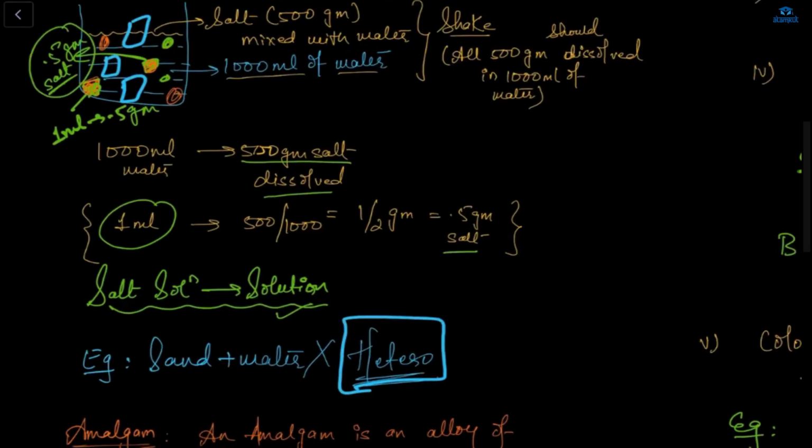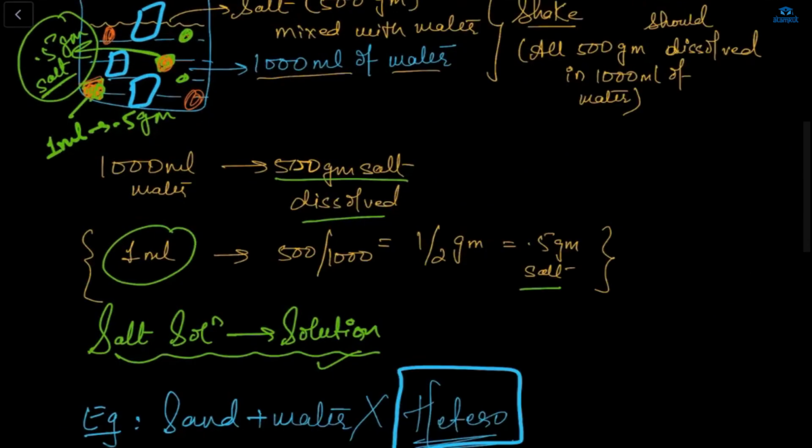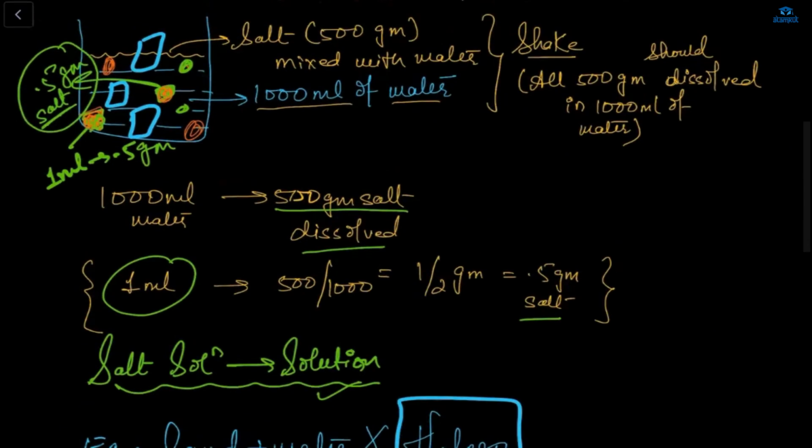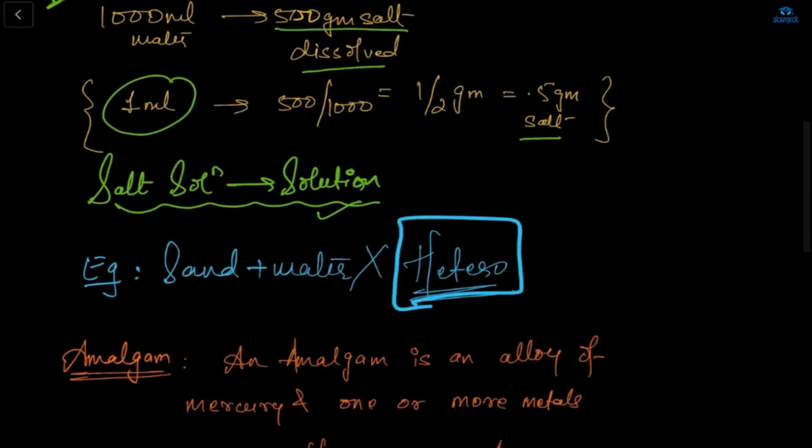Okay, so the heterogeneous mixture is understood. It means that if anything dissolves well in the beaker, it is called a homogeneous mixture. If the sand or any other material does not dissolve in the water properly, it's a heterogeneous mixture.